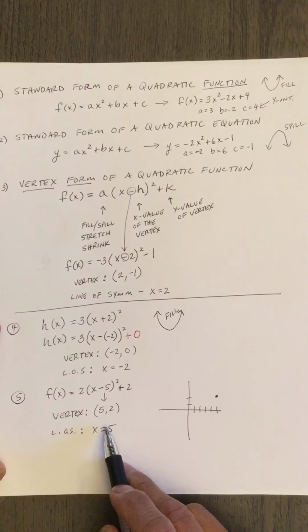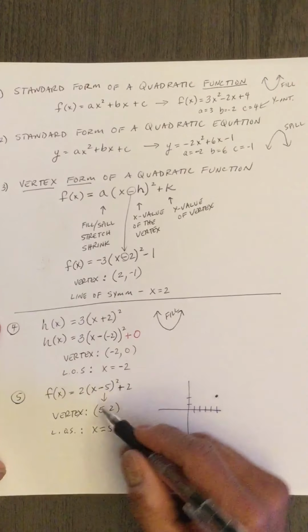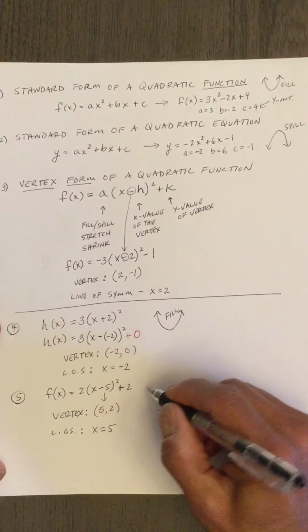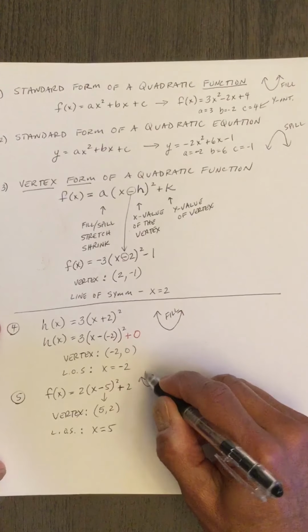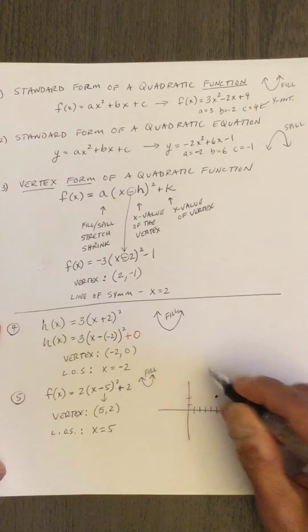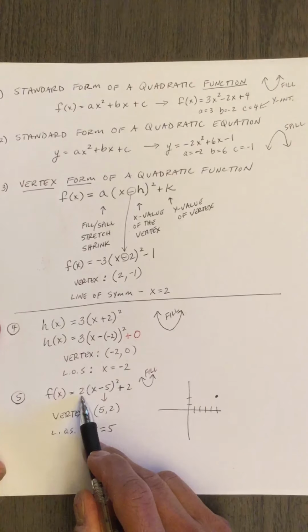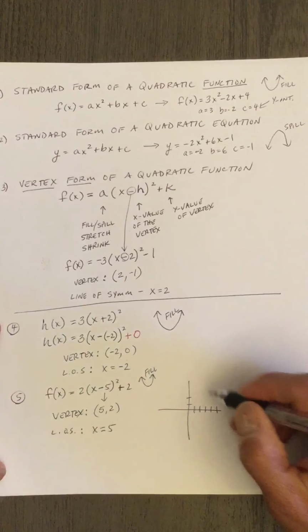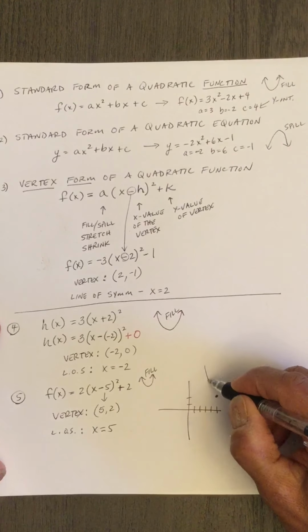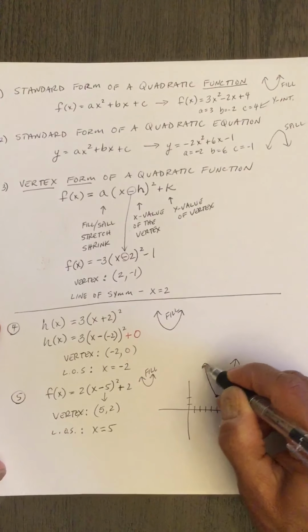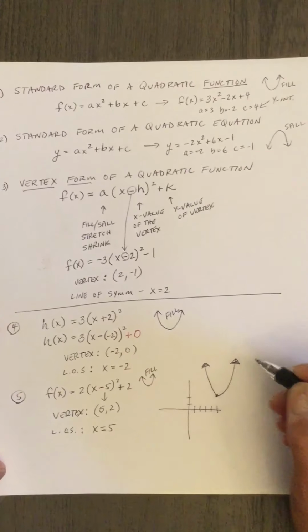And I know this is a fill because A is 2, so I know this is going to go up like this right here. And then this is a stretch by a factor of 2, so it's going to be a little bit narrower than, well, that's pretty bad. It's going to be narrower than the parent graph. Alrighty?